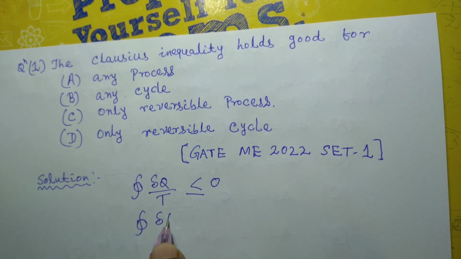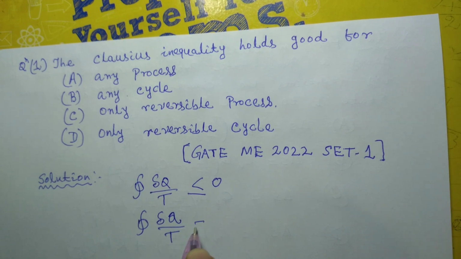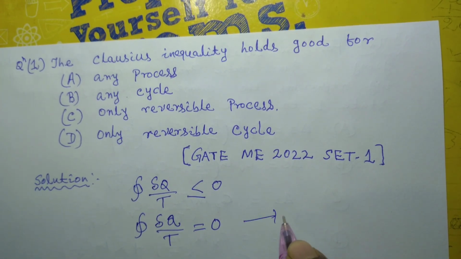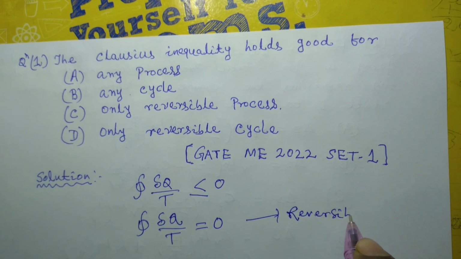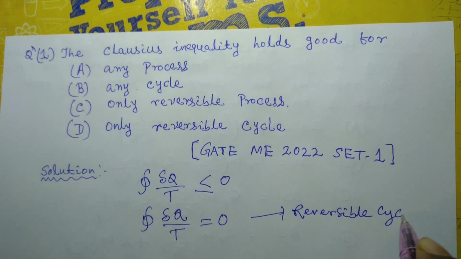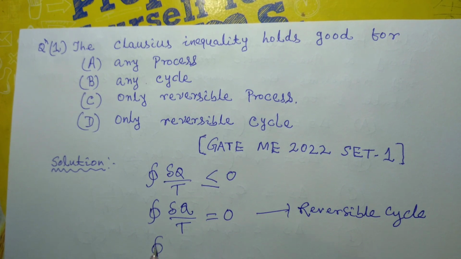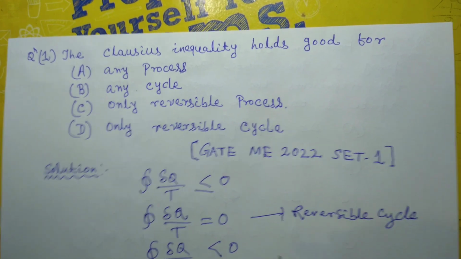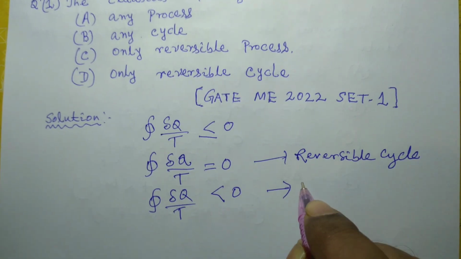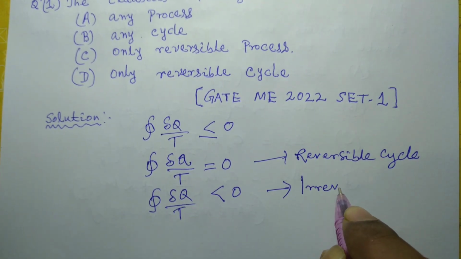In fact, cyclic integral of del q by T is equal to 0 for a reversible cycle, and cyclic integral of del q by T is less than 0 for an irreversible cycle.